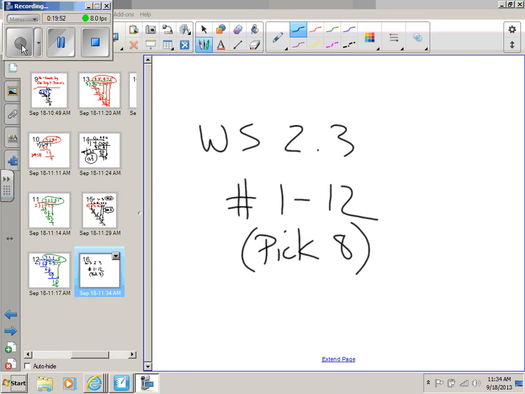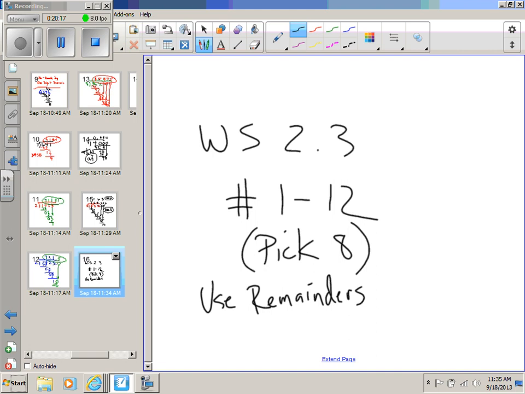Worksheet 2-3, 1 through 12, pick 8. Any 8 that you want. Can you do all of them for extra practice, not extra credit? Now, if you want to use remainders, that's okay.